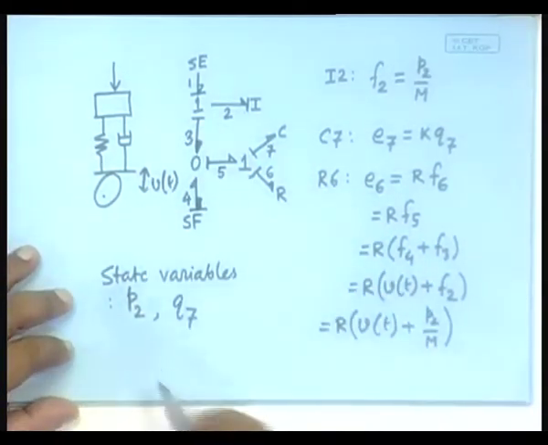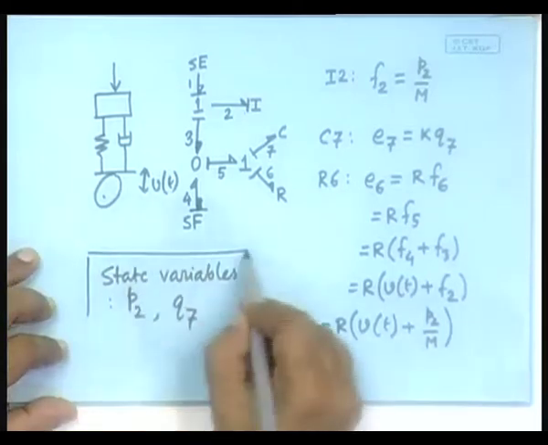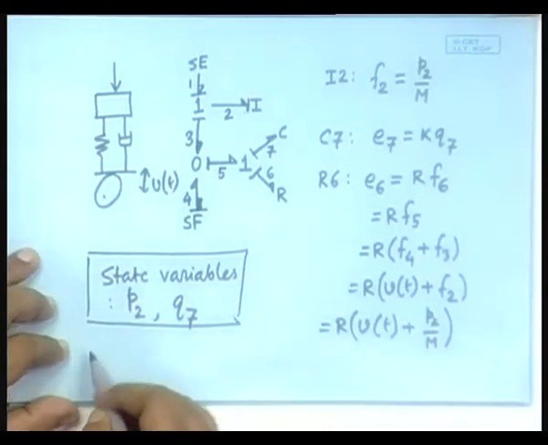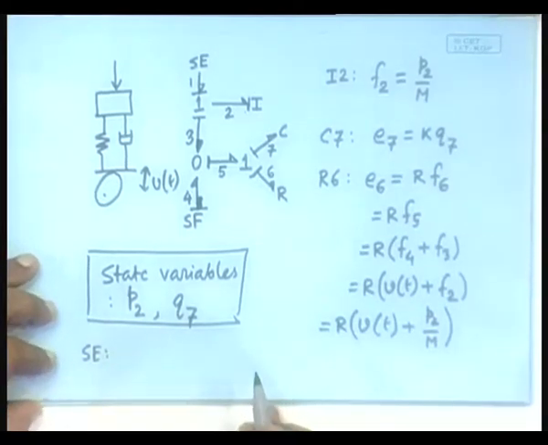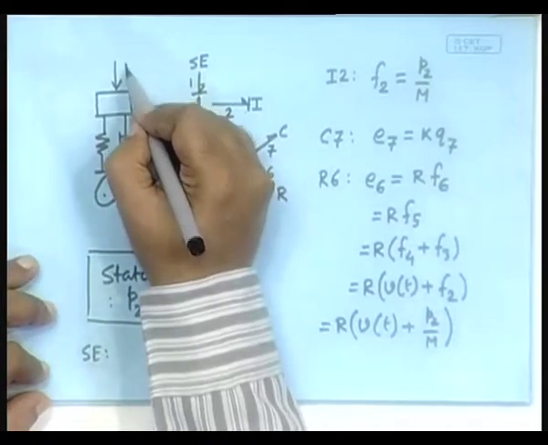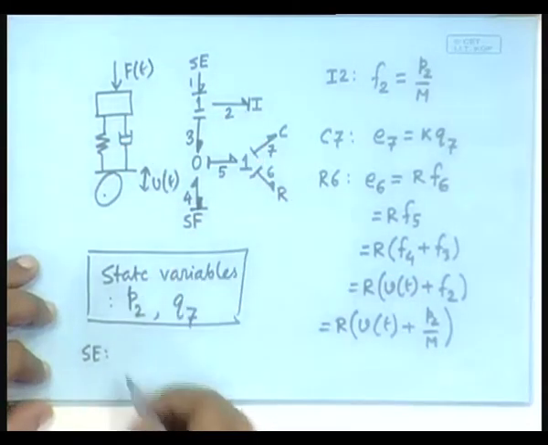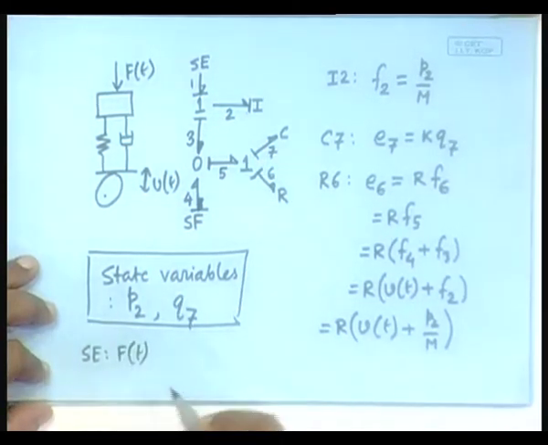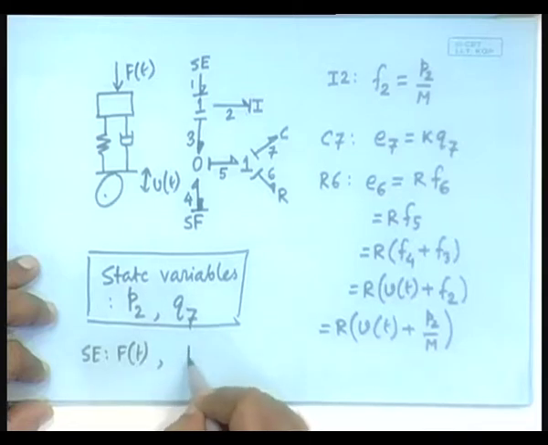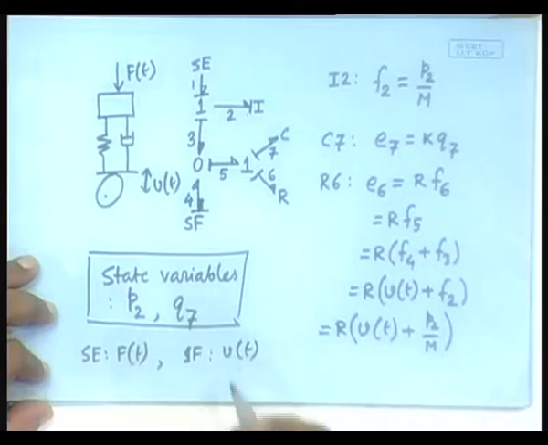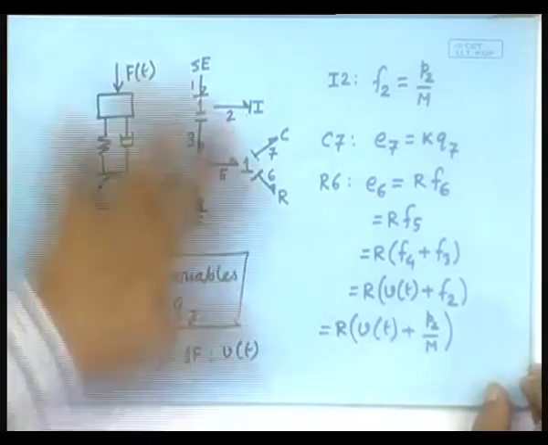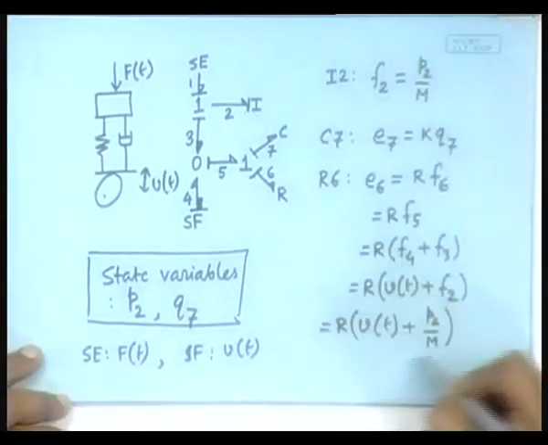When this question is asked with respect to SE, suppose this is Ft and this is Vt, the answer is it gives Ft, and for Sf it gives Vt. So, these are trivial, so let us not bother about that. These are the main information that it has generated.